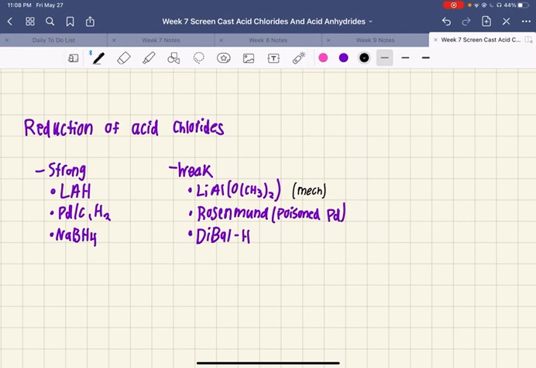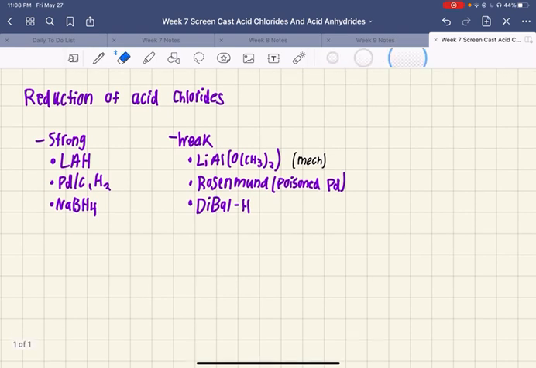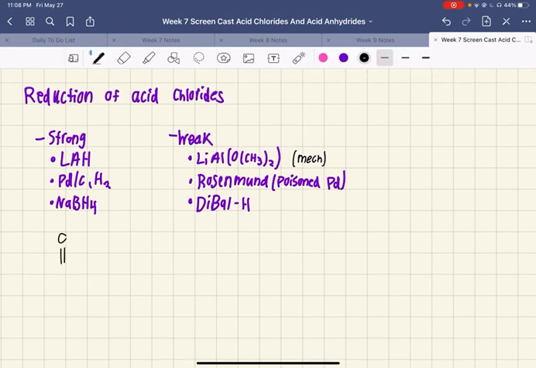So for reduction of acid chlorides, there's two categories, strong and weak. The strong include lithium aluminium hydride, NaBH4, and palladium on carbon with hydrogen gas. These reagents will all reduce acid chloride into a primary alcohol.